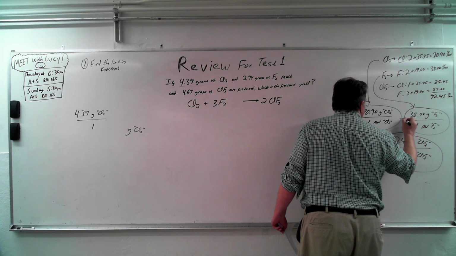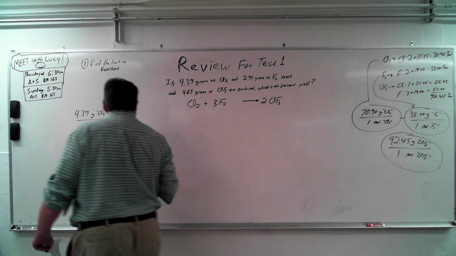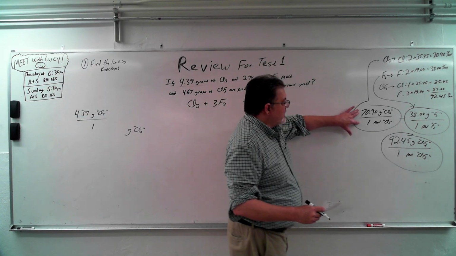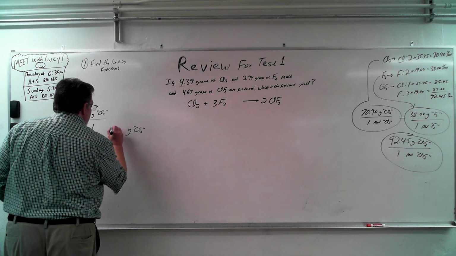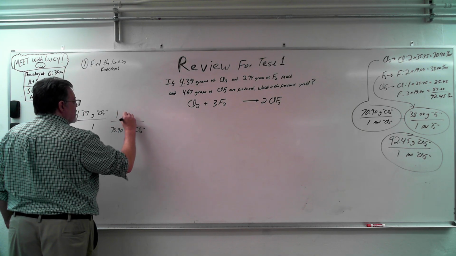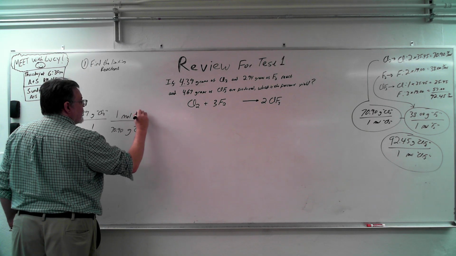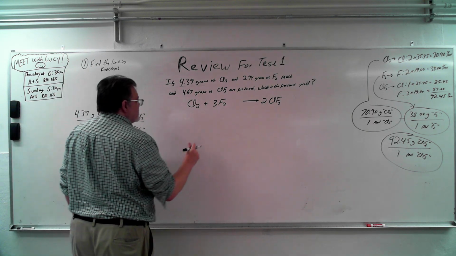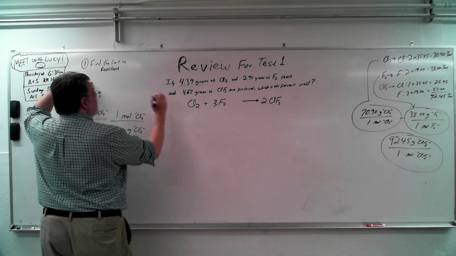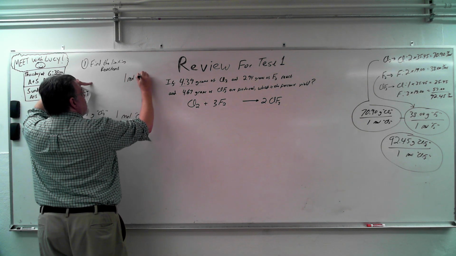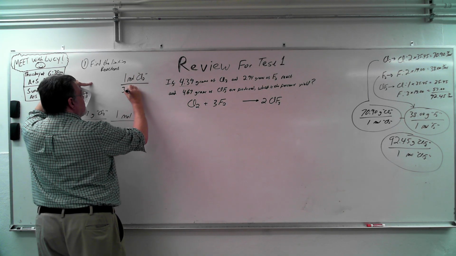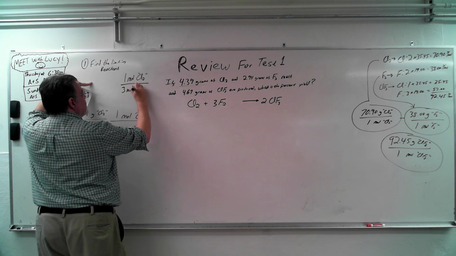But first, we're comparing the two reactants. The grams of Cl2 is here, so we're going to use that. 70.90 grams of Cl2 is 1 mole of Cl2. Since we're comparing these two to decide which one is the limiting reactant, we're also going to be using 1 mole of Cl2 to 3 moles of F2, the molar ratio.